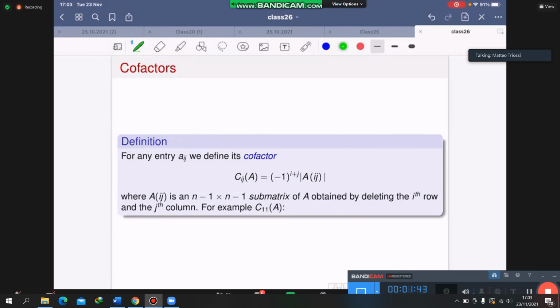The cofactor of this entry is -1 to the sum of the indexes defining this cofactor, times the determinant of the submatrix obtained by deleting row I and column J.